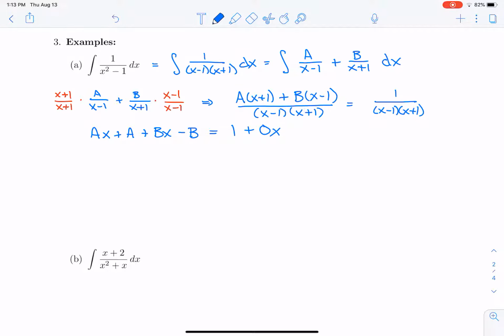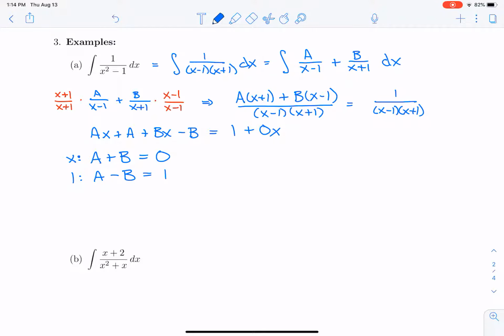In this case, then all the x's need to match. So Ax plus Bx would need to equal 0x, because the coefficients of the x's would have to match. And then the constants would have to match. And this would tell me that A minus B would have to equal 1.